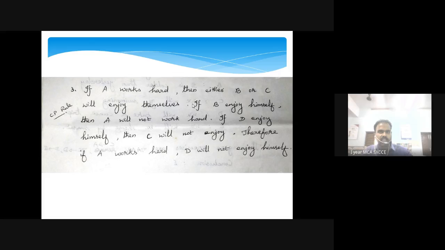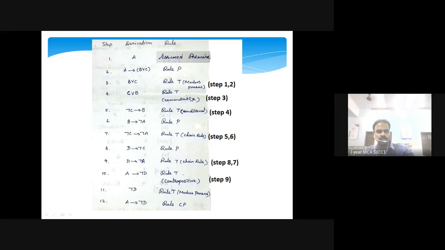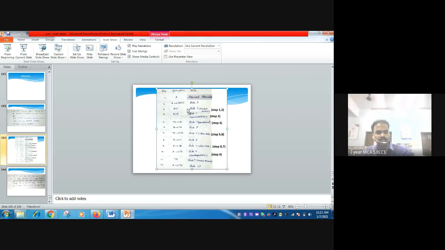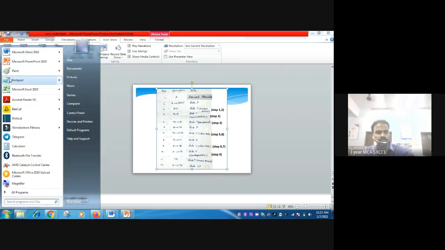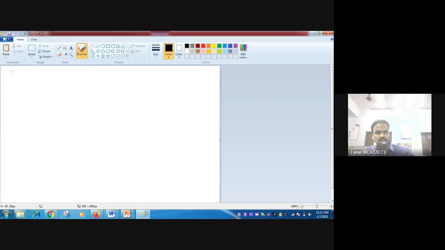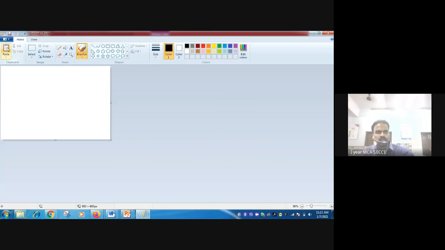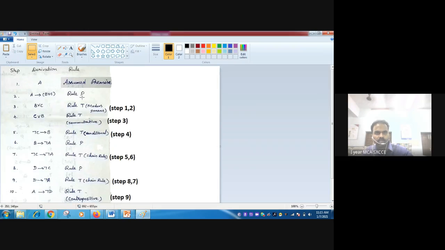So listen here carefully. A is the assumed premise, right? A is not given, we are assuming this premise, therefore it is called an assumed premise, right? After that rule P is used.